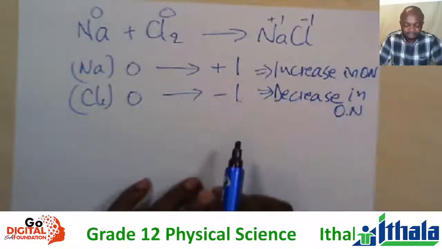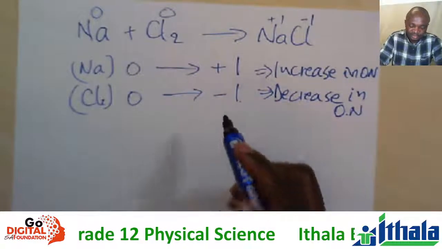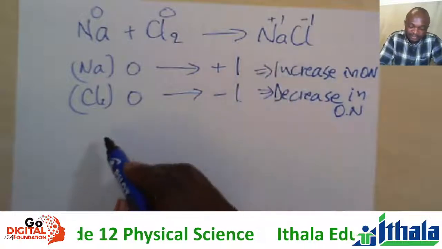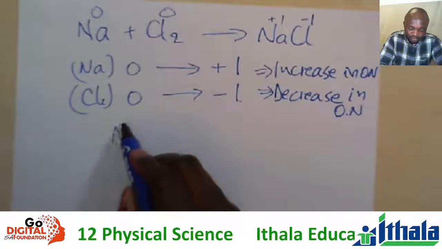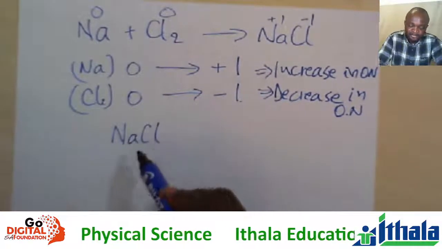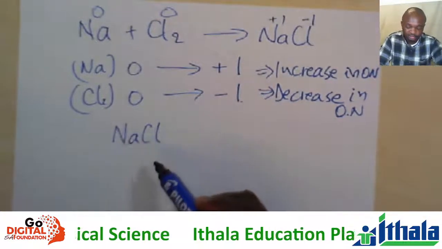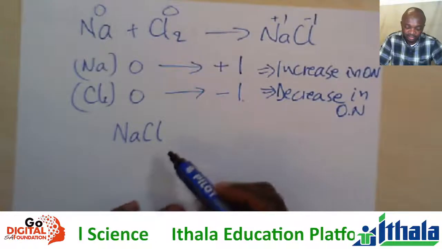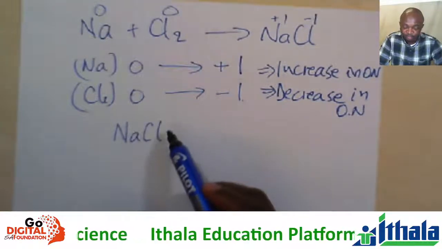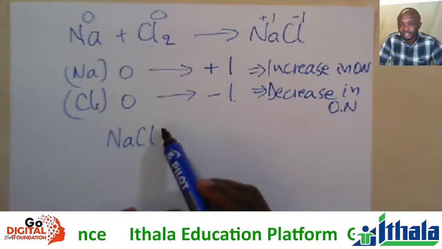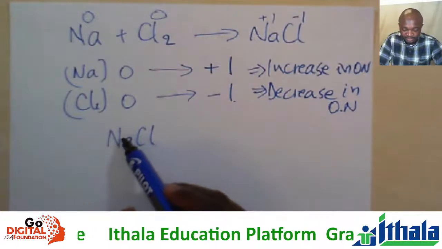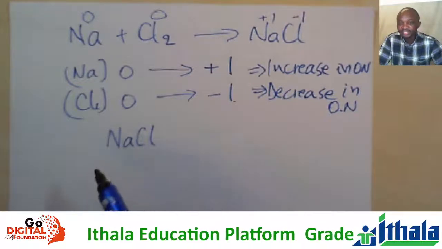Okay. Now this thing will help us as we look at sodium chloride. What we know is that sodium will donate 1 electron, and chlorine will receive that electron. So that means there is a movement of electrons. One substance is losing an electron, the other one is gaining an electron.